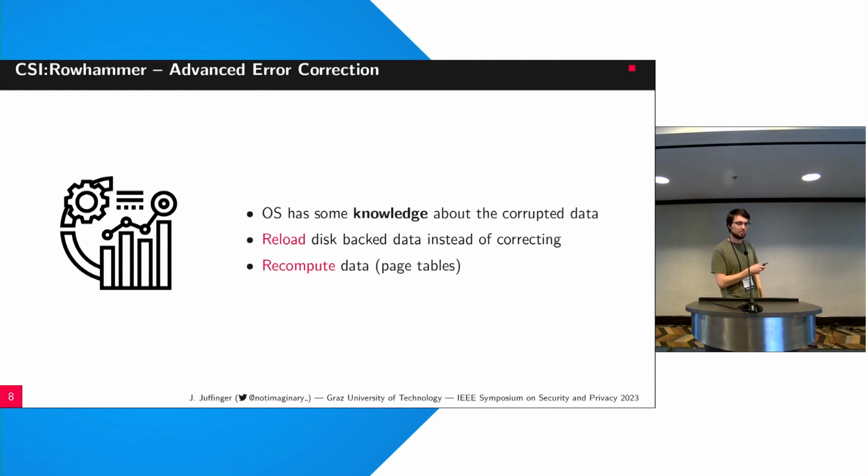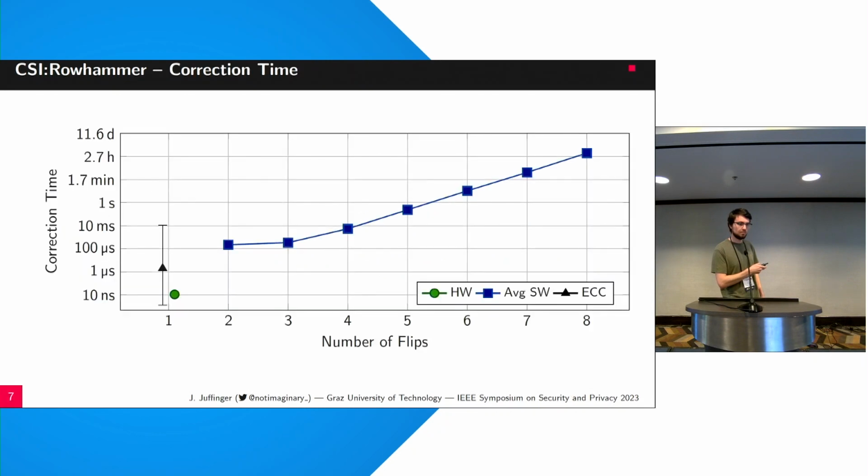So we are correcting a single bit flip in 256 bits of data, and ECC is correcting a single bit flip in 64 bits of data. But if we look at Rowhammer attacks, the bit flips are usually not really in high locality, so this is comparable.